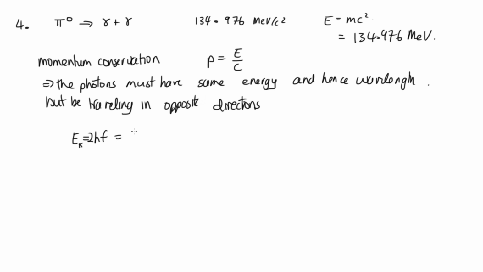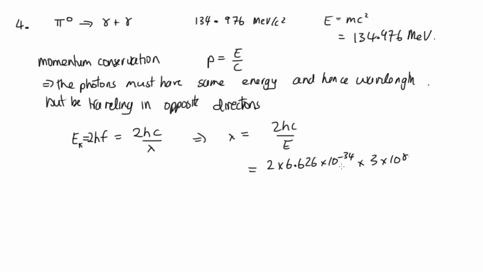So this is equal to 2h, and then f is equal to c on lambda. And so we can rearrange this. We have lambda is equal to 2hc on E, and so this is equal to 2 times 6.626 times 10 to the minus 34 times 3 times 10 to the 8 over E, which is equal to 134.976 times 10 to the 6, because we've got a mega there, and then times E, the charge on an electron, to get it into joules, 1.602 times 10 to the minus 19.